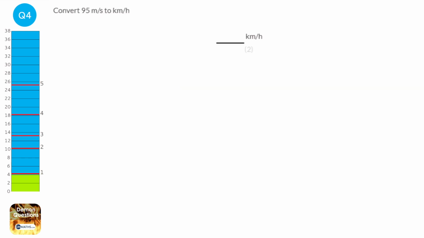So for this question, we need to understand that the units we currently have are in meters per second, and the units we want to convert them to are kilometers per hour. Now to convert the meters part is quite easy, because all we need to do is divide by 1,000.